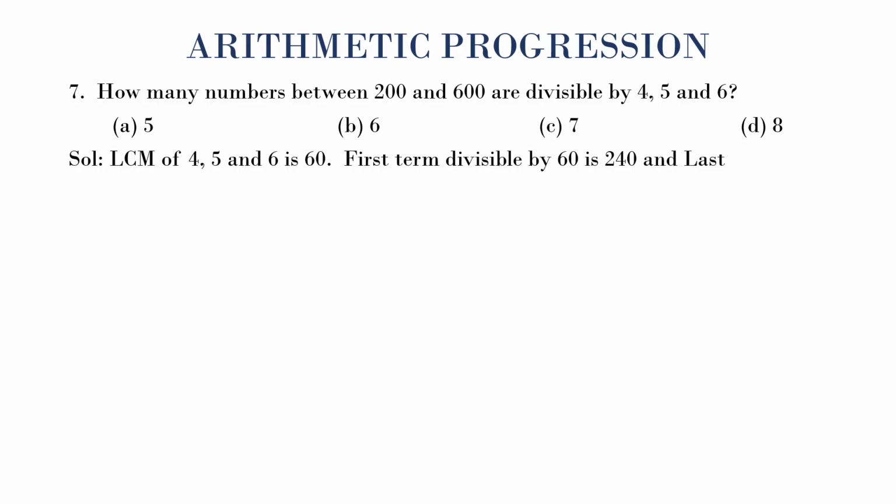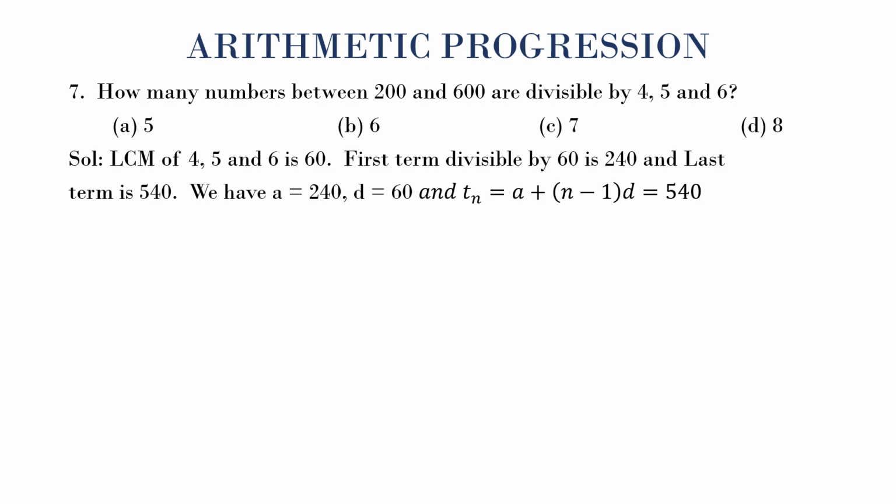And here since we are not including 600, so the last term will be 540, which is divisible by 60. So first term is 240 and the last term is 540. Then common difference D is 60, the LCM. By simplification we get n equal to 6. So the answer is B.